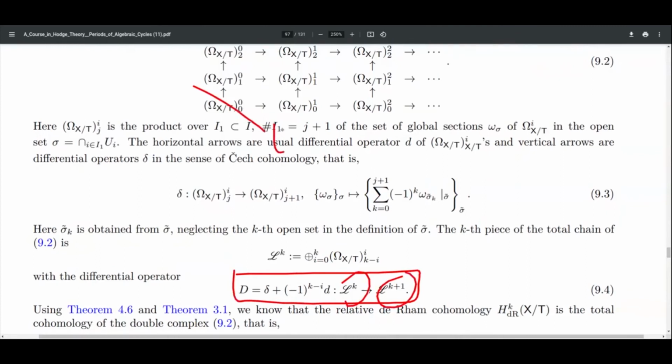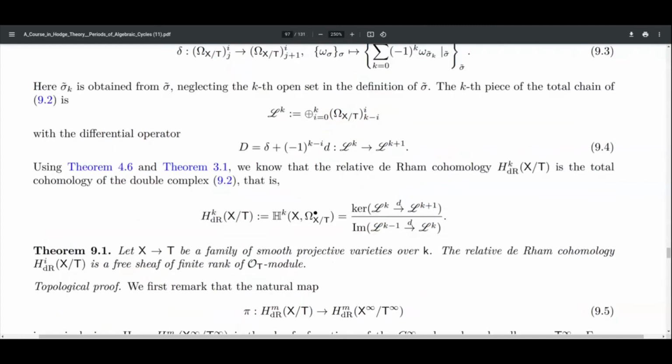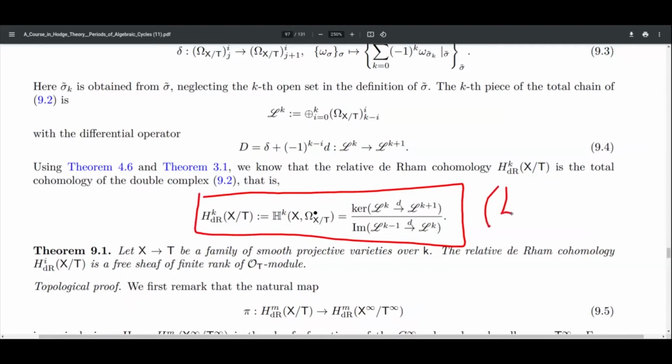Remember that this was L0, L1, L2, L3, and so on. And the algebraic de Rham cohomology is just the cohomology of this usual complex L dot, D.